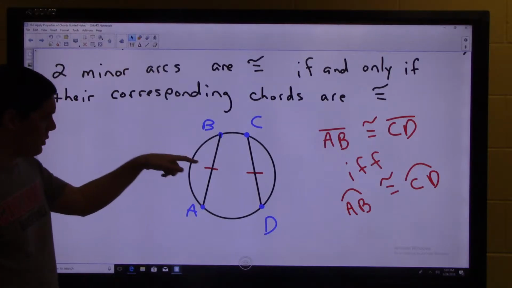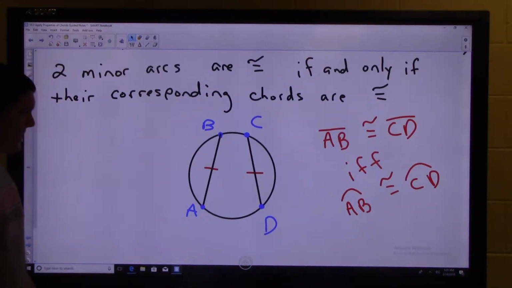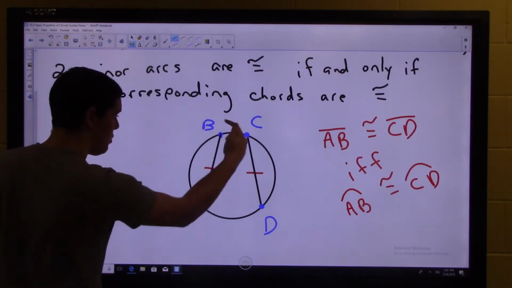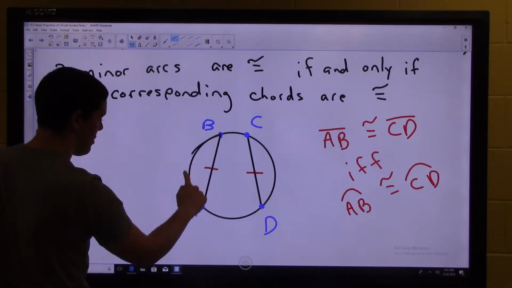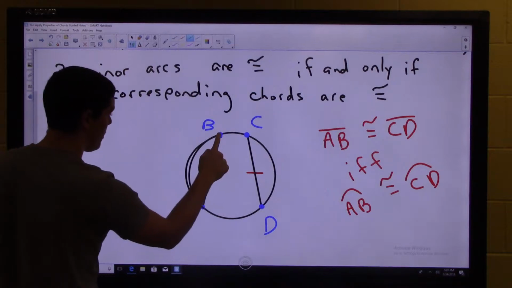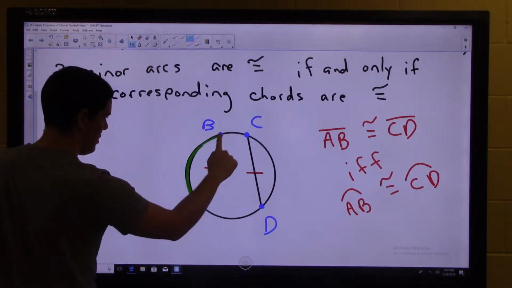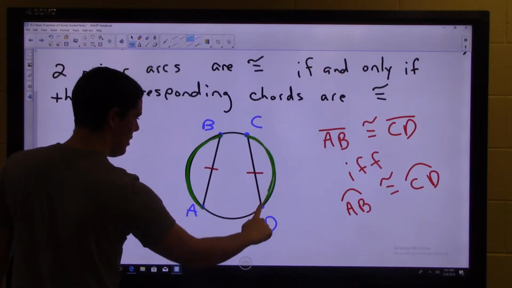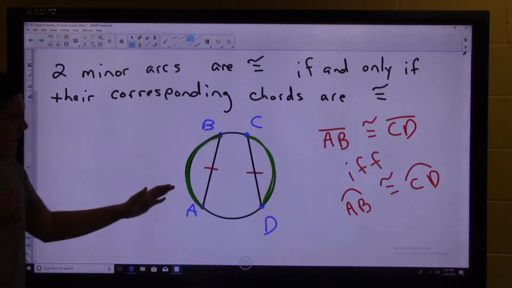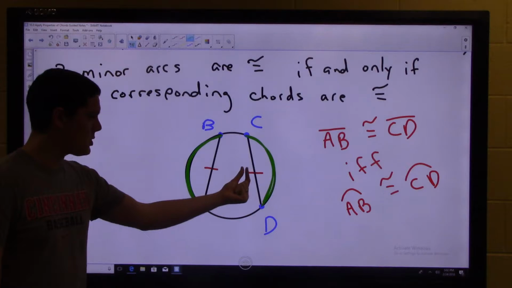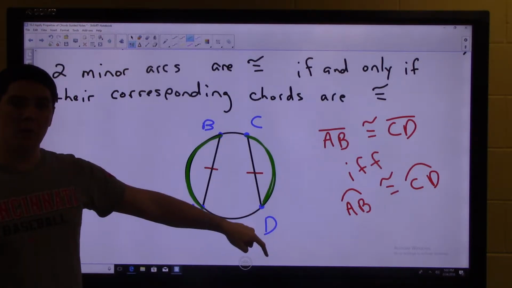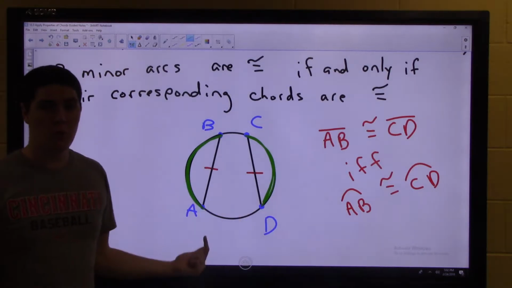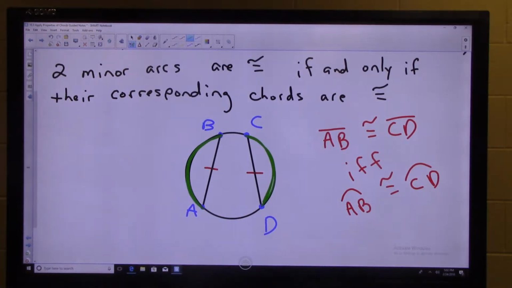So if we know we've got congruent chords here, the arcs that they intercept are going to be this arc, and let me do this in green, that arc, and that arc. So what we're saying here is if these 2 chords are congruent, those 2 arcs have to be congruent. And vice versa. If we knew those arcs were congruent, then we know the chords were congruent. Hopefully that makes sense.